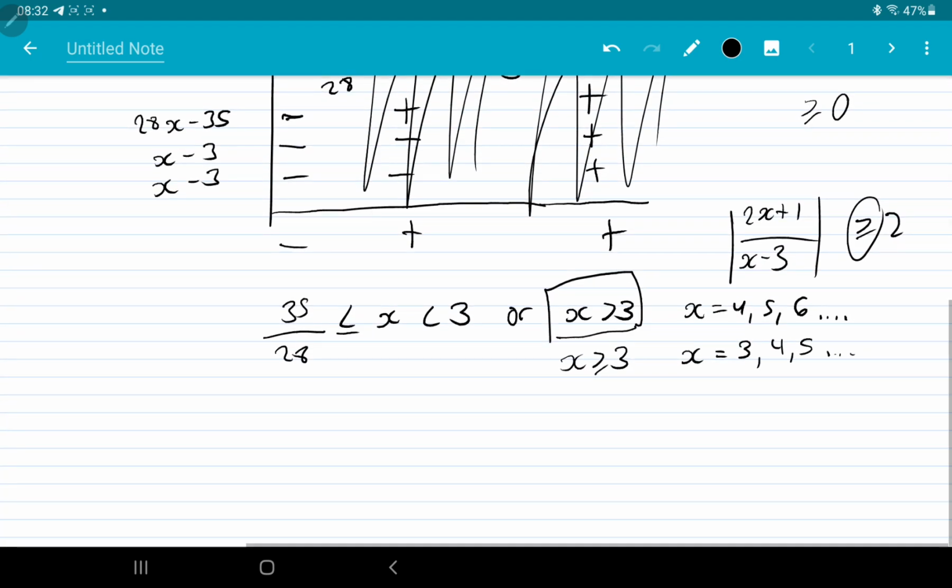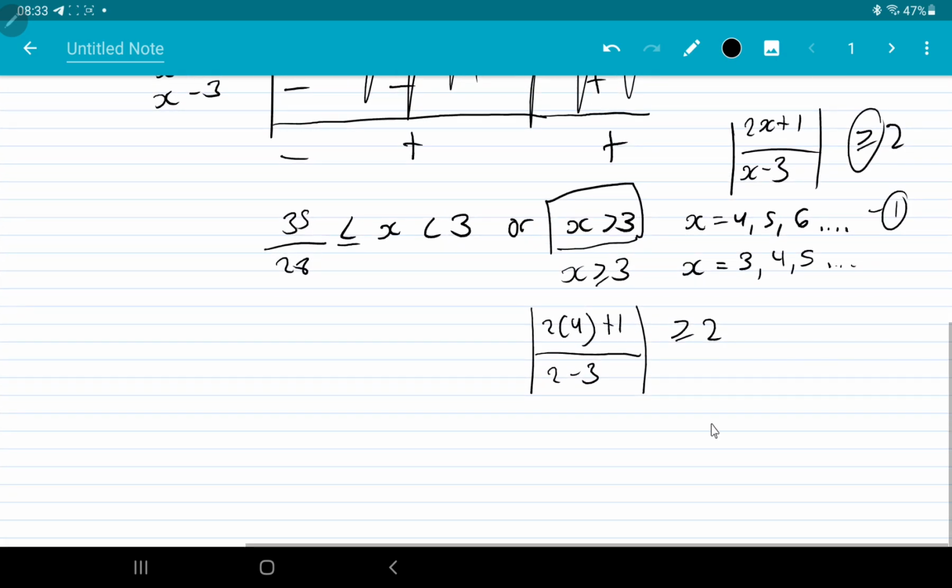So right now, if we substitute the values into the inequality, let's use this first set of numbers. So let me take the smallest value, which is 4. So the absolute value of (2 times 4 plus 1) divided by (4 minus 3) is bigger than or equal to 2.